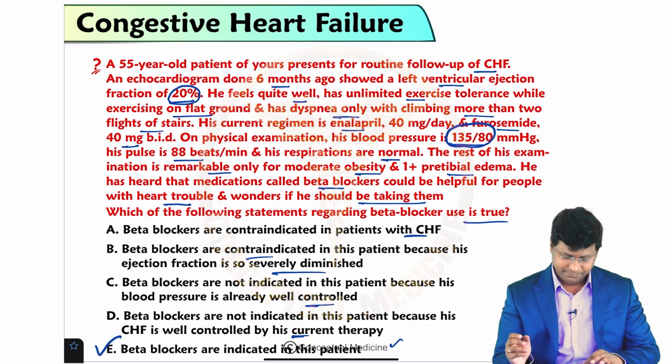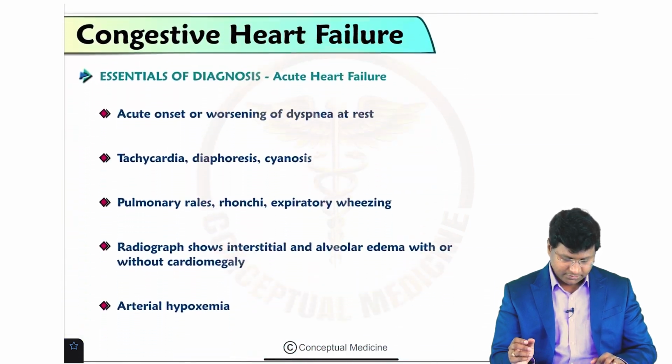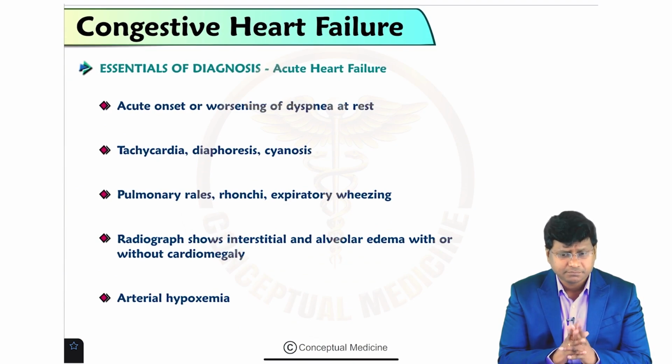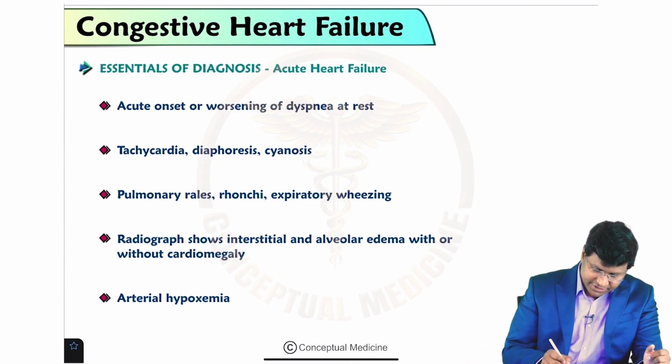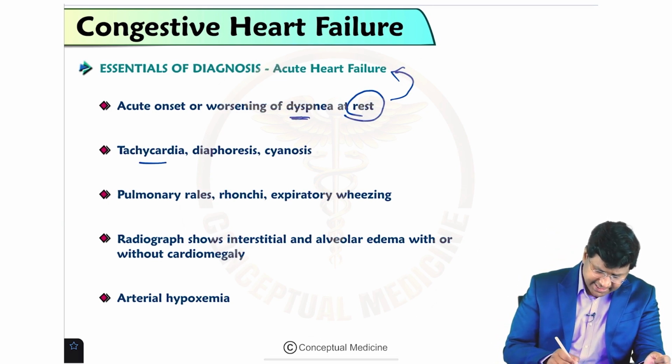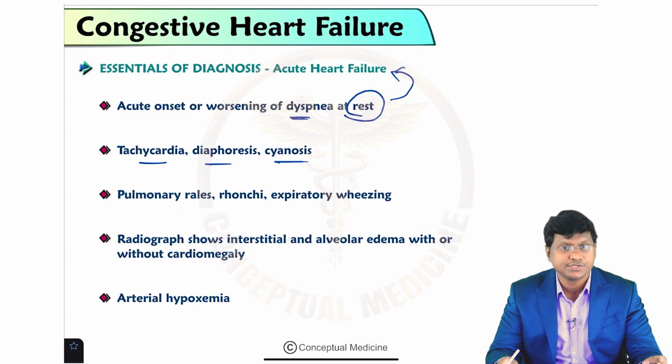Now let me tell you some of the essentials of diagnosis of acute heart failure. That means these are synopsis points. Acute onset or worsening of dyspnea at rest is a very important feature of acute heart failure. These patients with acute heart failure have tachycardia, diaphoresis and as well as cyanosis.